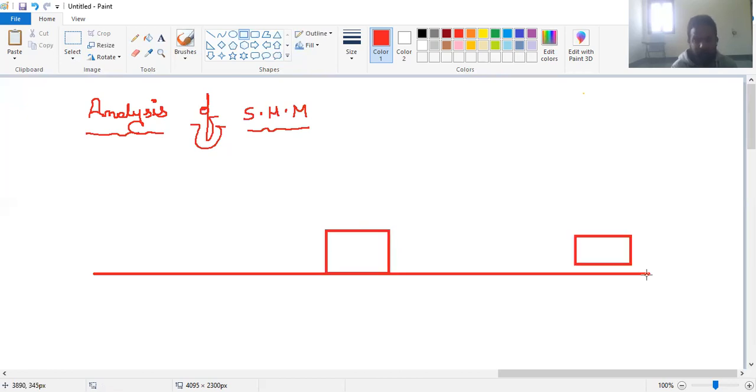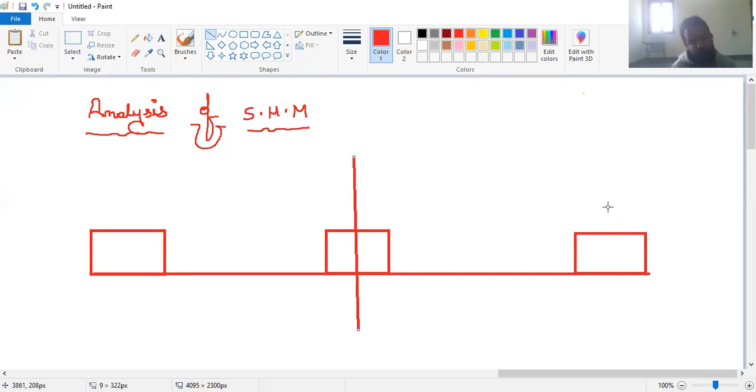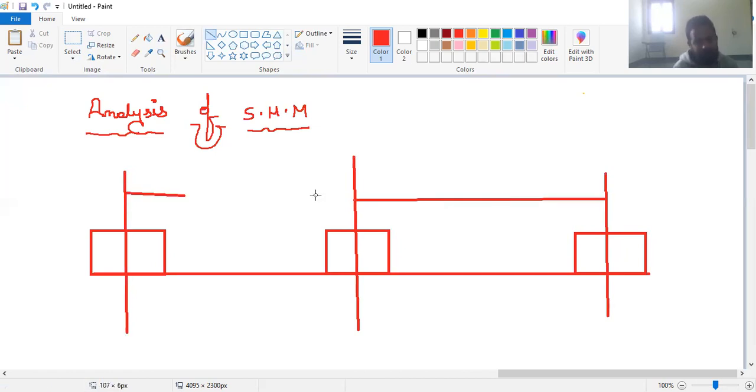This is positive extreme. This is the negative extreme. This distance is plus A. This distance is minus A. This is mean position, this is positive extreme.